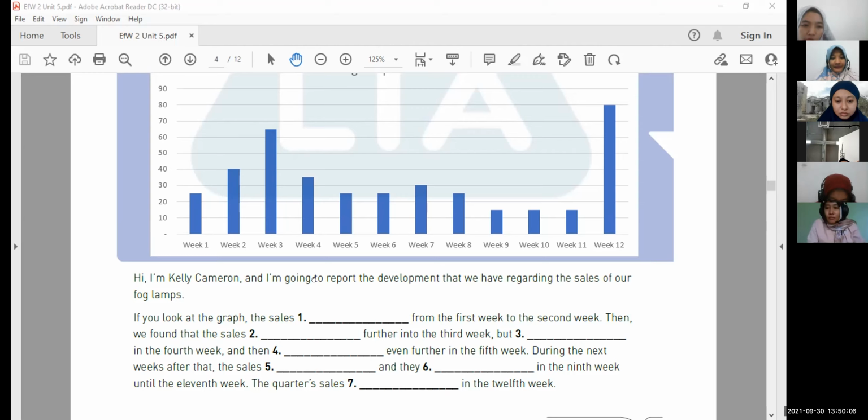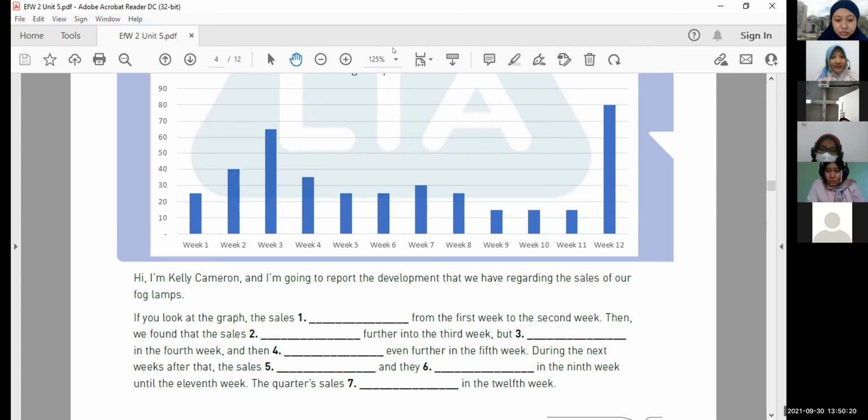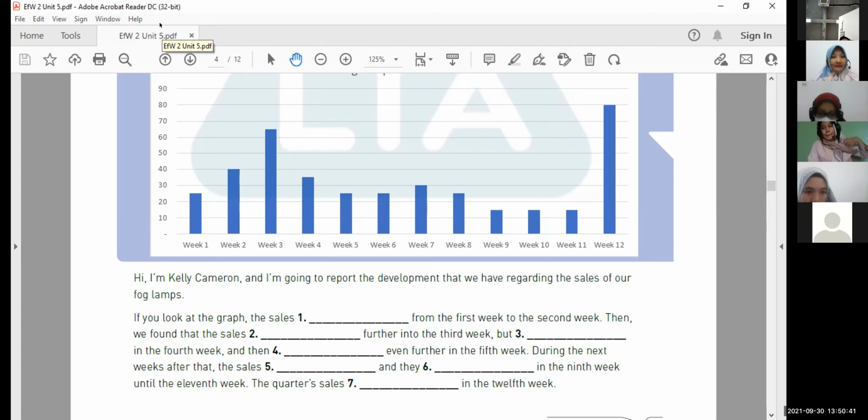If you look at the graph, the sales increased from the first week to the second week. Thank you, Miss Putri. Number 2, can I have Miss Via? Each room has 2 numbers. I think Miss Via's connection is a bit unstable.